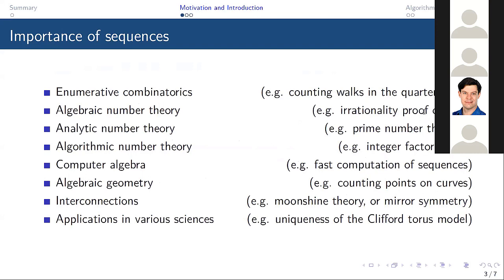Here, I just list one particular example, which is maybe not the most interesting, but just for you to understand what I mean by these areas. But also in computer algebra, when we count or try to quickly compute elements of sequences, and also in algebraic geometry, and in other sciences, like where mathematics interconnects with something else, or even in biology, which I will address later, or completely other areas of research.